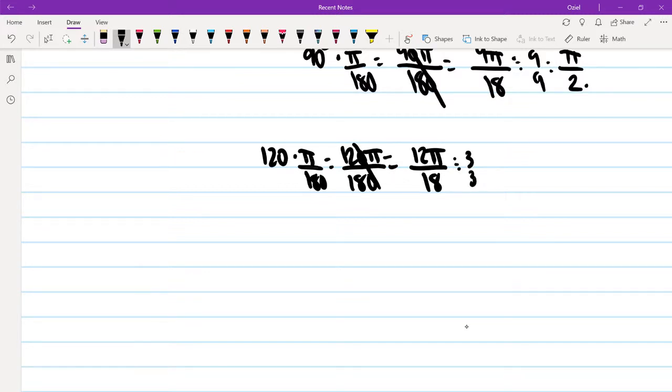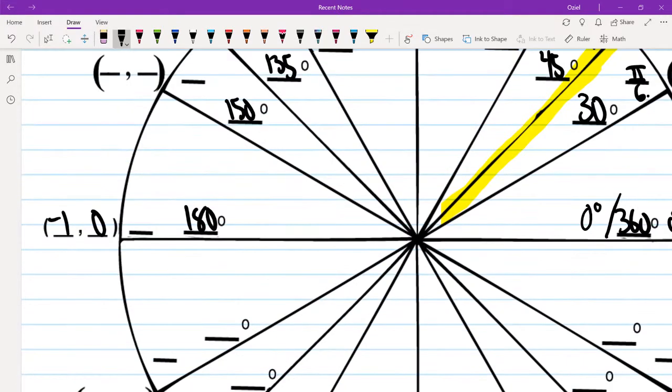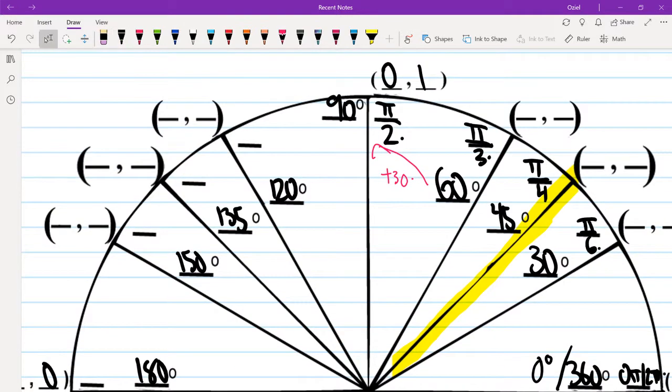And that would be, my bad, it would be 2 pi over 3. So this one would be 2 pi over 3.